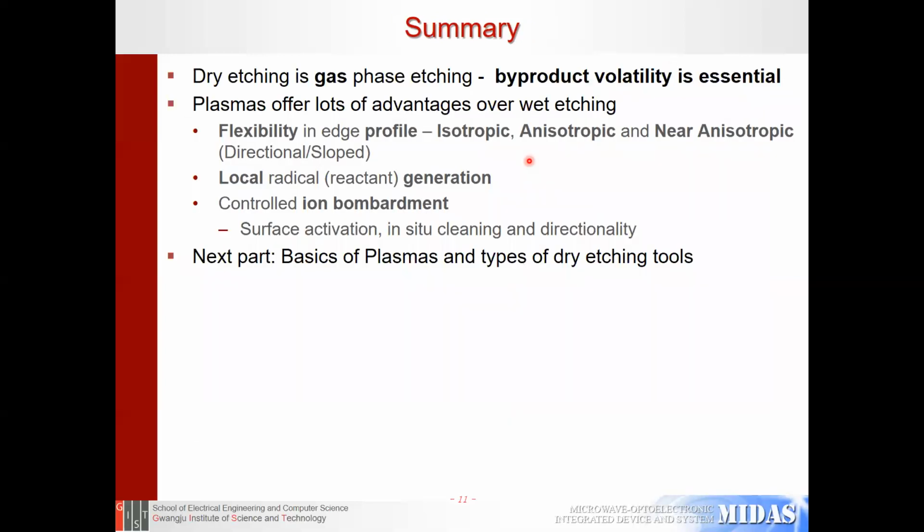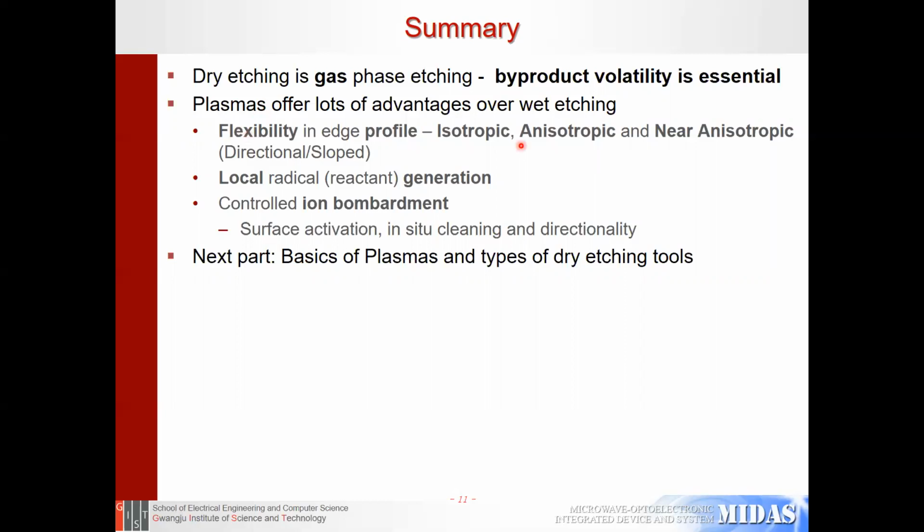So now here we have a summary of the first part of this presentation. Dry etching is a gas phase etching where byproduct volatility is essential. Plasma offers a lot of advantages over wet etching. One of the big advantages is the flexibility of the etch profile.